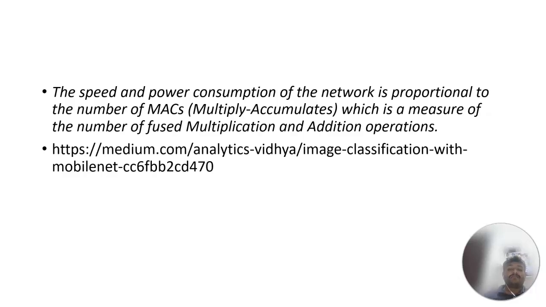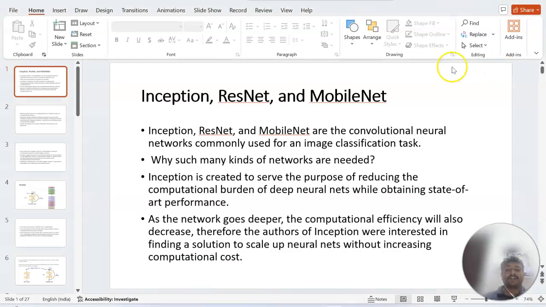For example, with MobileNet we have an image classification example, which has been given on a website, Analytics Vidhya. You can go and check it out. They have used, I think, CIFAR-10 or MNIST data, and they have done image classification using MobileNet.